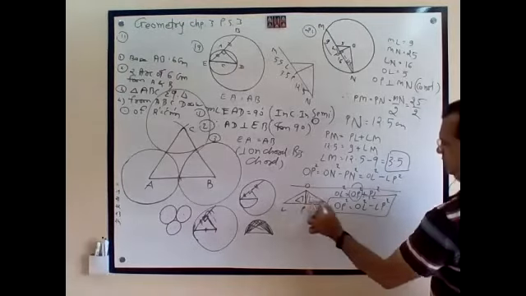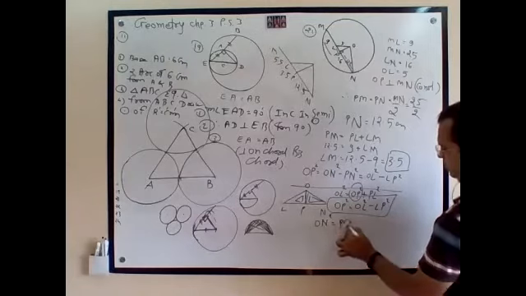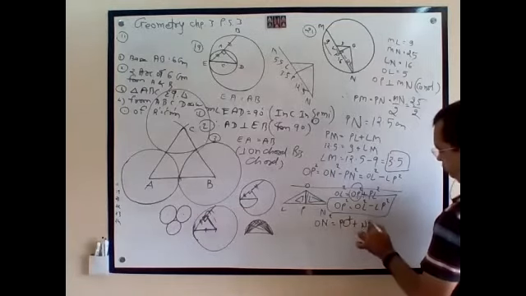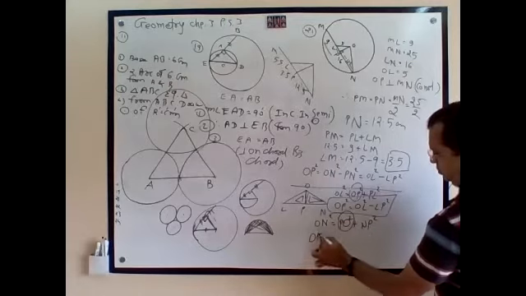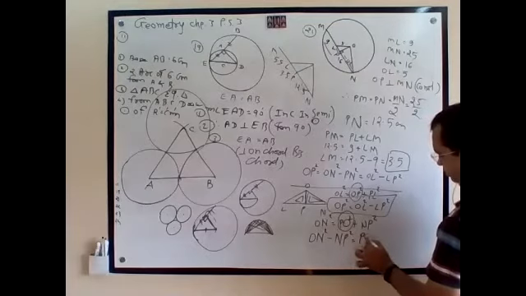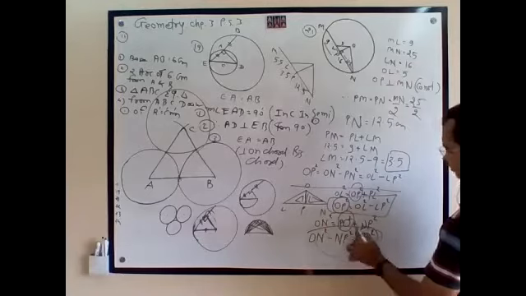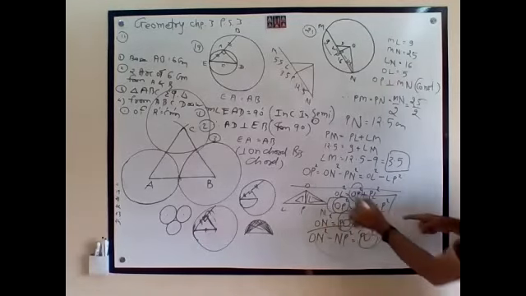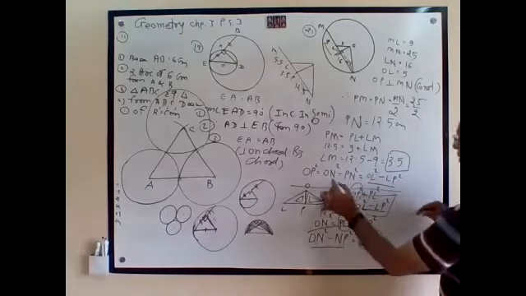First, in this triangle, ON square is equal to PO square plus NP square. ON square minus NP square is PO square. This is PO square, this is PO square. So this PO square I have written here.